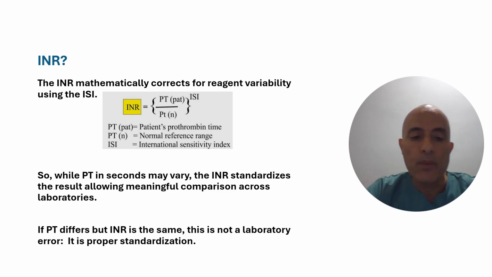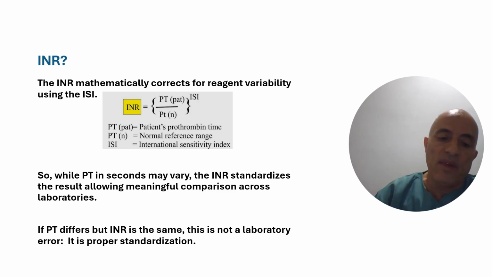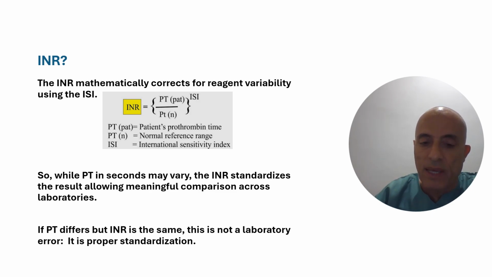So while prothrombin time in seconds may vary, the INR standardizes the result, allowing meaningful comparison across labs. If prothrombin time differs, but INR is the same, this is not a lab error.